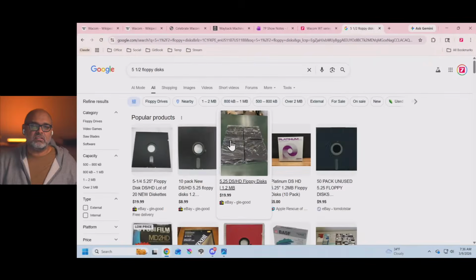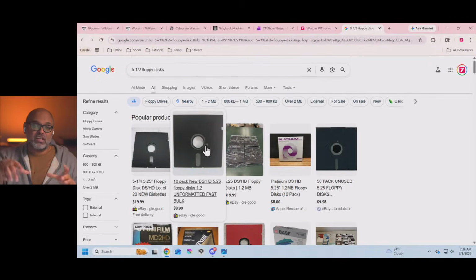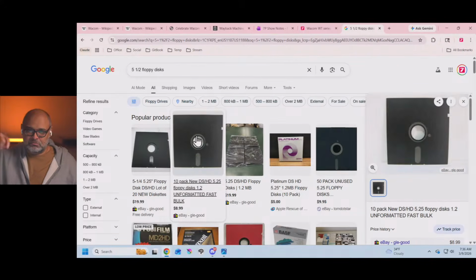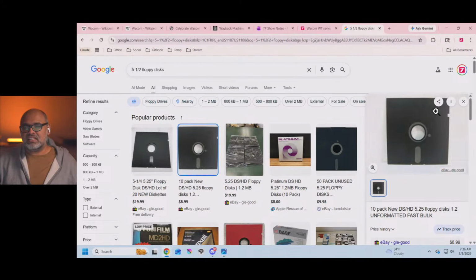They're about 5.5 inches in size, and they're floppy, you can wave them. There's a sheet of plastic, and in the middle there's some kind of magnetic or magnetizable material that spins. You put it in a drive and you can hear it spin. But these things were sensitive to magnetic effects. If you brought a magnet near them, it would damage the data.